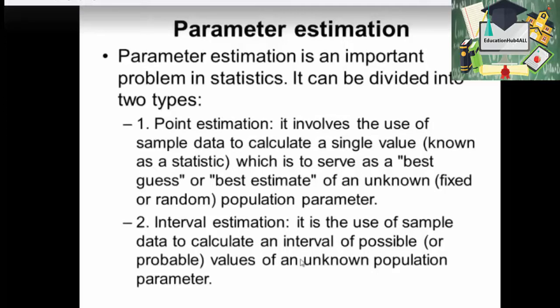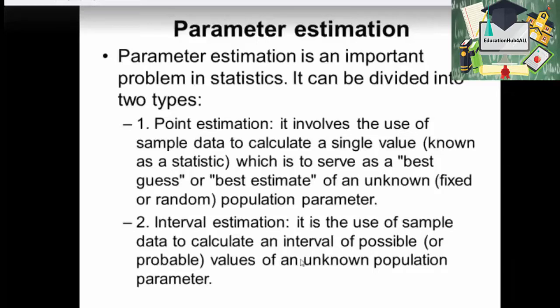There are two general classifications for estimation. The first one is point estimation. Like before, we draw a sample, we know the number of black balls, and we can have one value of p. But sometimes we want an interval.